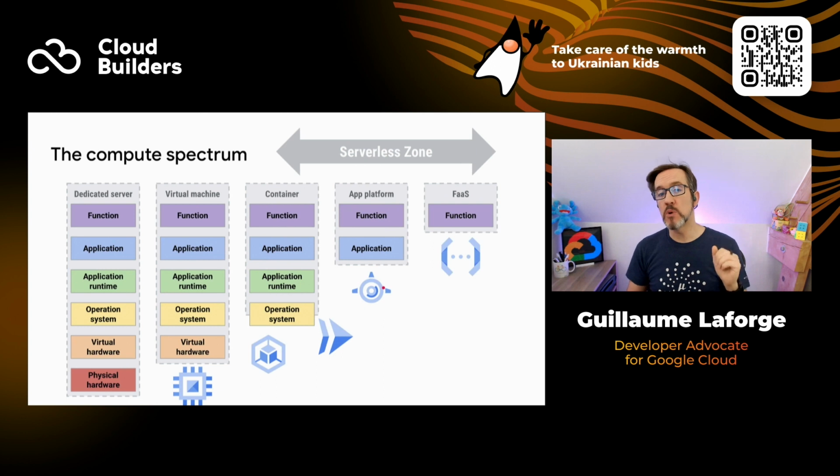With App Engine, it's more like a platform as a service, so you deploy an application directly to the platform. And with functions as a service, with Google Cloud Functions, you just deploy one function, one method, or a small application.